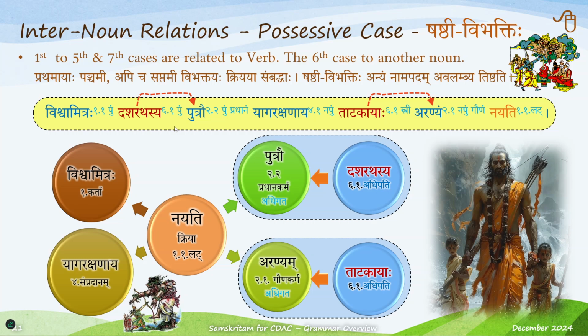Is that clear? What is the distinction of shashti vibhakti with respect to the other karaka vibhaktis? I hope you got it. We gave them the names adhipati and adhigata padas. Adhipati is the shashti word, and adhigata is the noun to which it is linked: the possessor and the possessed.